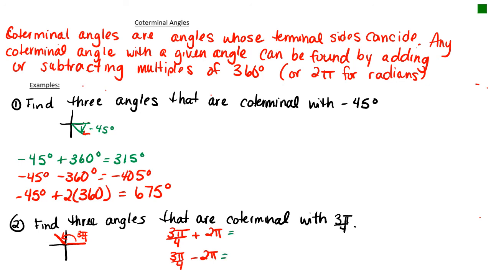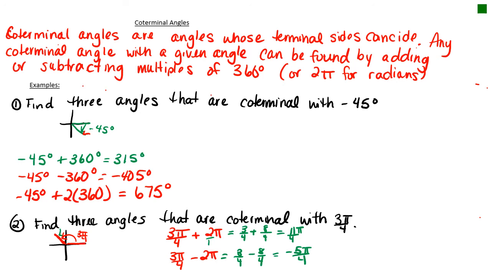So I need a common denominator, so 3 fourths plus, this would be over 1, I need to multiply by 4, so 8 fourths, which would be 11 pi fourths. I could do 3 pi fourths minus 8 fourths. 3 minus 8 is negative 5 pi fourths. So again, 3 pi fourths and then I go over another 360, or 3 pi fourths and I go the other way, 360.